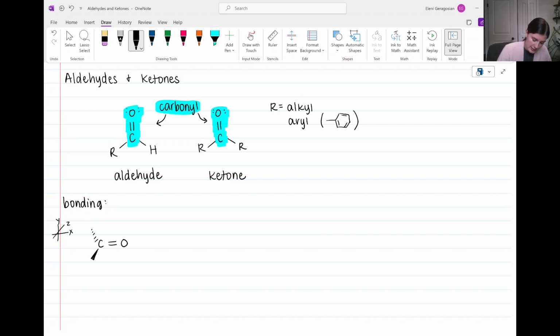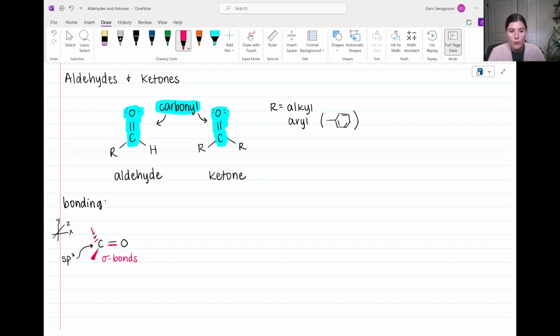This carbon here is an sp2 carbon. It has 3 sigma bonds. So one sigma bond is one of the bonds in the double bond, and then the other 2 single bonds are sigma bonds.